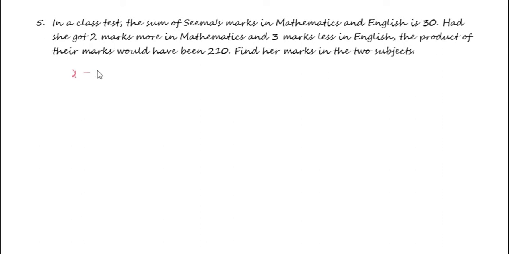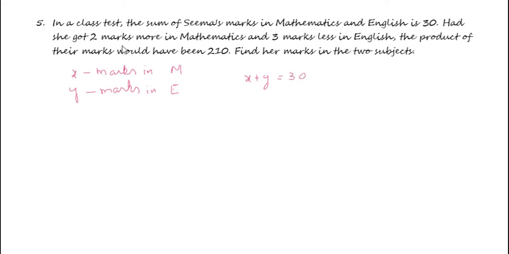Let us take x as marks in mathematics, and y as marks in English. The sum of Seema's marks in mathematics and English is 30. That means x plus y equal to 30.